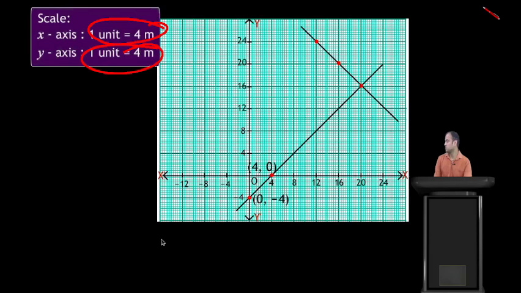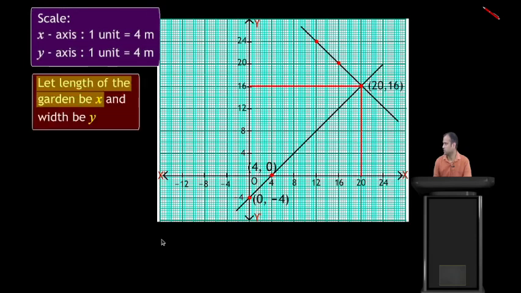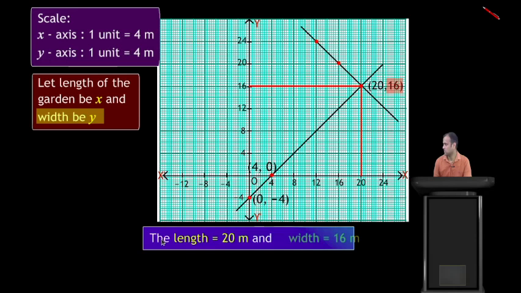So we have 4, 8, 12, 16, 20, and this is our intersecting point. Which is this point? It is (20, 16). So x equals to 20 and y equals to 16. The length equals to 20 meters and the width equals to 16 meters.